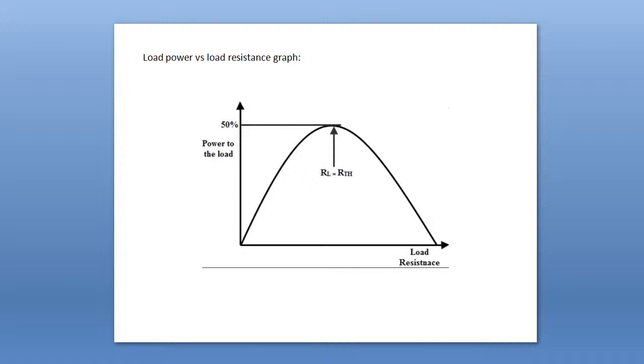So therefore we will prefer the load resistance to always be greater than RTH. Under this condition, if I consider RL greater than RTH, then whatever the ambient temperature, this will not affect the performance of our circuit.